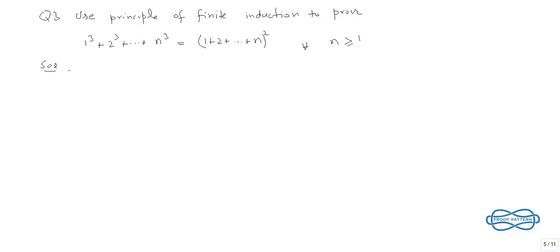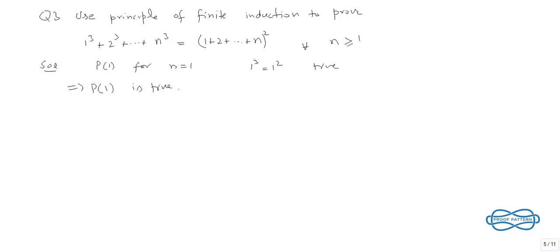Solution. We consider P1, this condition, for n is equal to 1. This means 1 cube is equal to 1 square, and that is true. This means P1 is true.